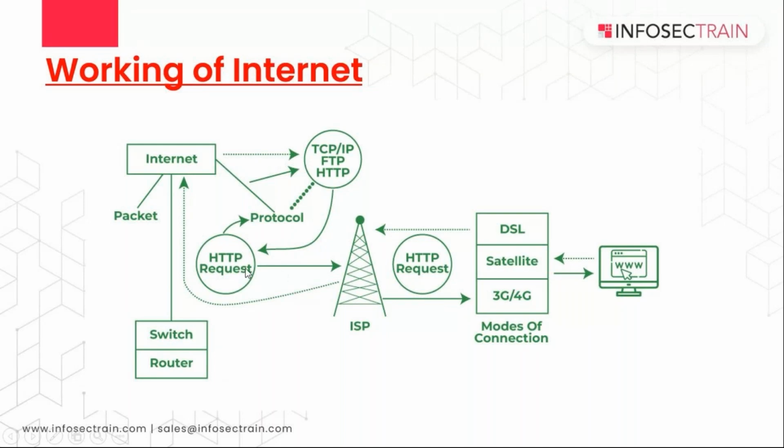Then from the internet service provider, it went to the internet where protocols like TCP, IP, FTP, HTTP are working. So the HTTP request is sent to the server and then to the target where you want to send it. Lots of networking and internet protocols are used to connect you to the internet and fetch the resources, right?